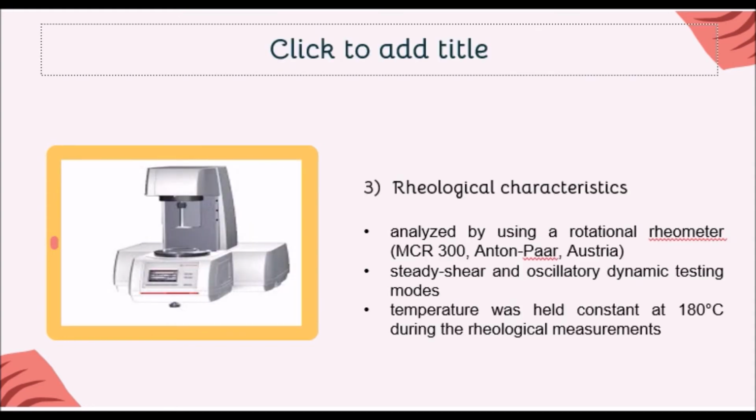And the third one is the rheological characteristic, which can be analyzed by using the rotational rheometer, and you can see the device here in this picture. It can also determine the steady shear and oscillatory dynamic testing mode, and the temperature was held constant at 180 degrees Celsius during the rheological measurement.